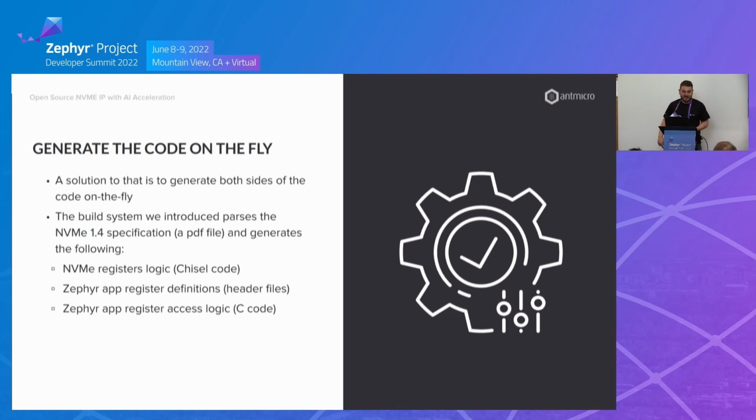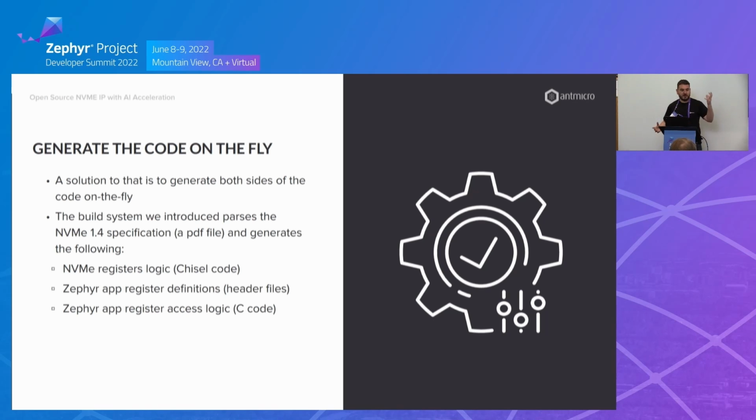And since the Zephyr build process for applications relies on CMake, it was pretty easy to inject this dependency, just first generate and then use it during the build. So with all of that in place, we had a base NVMe device.